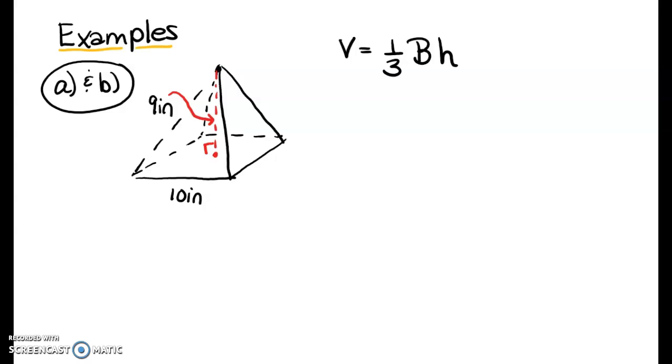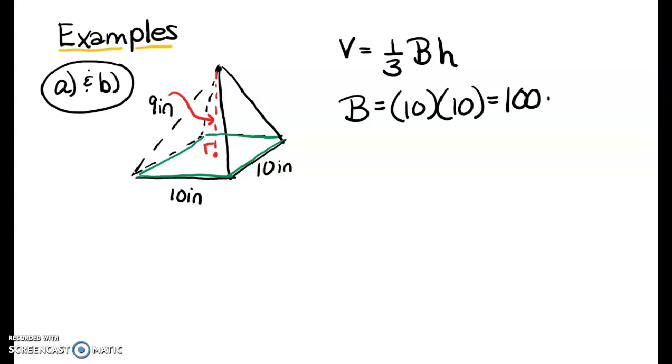So let's outline our base. Our base is the bottom of our pyramid, and it is a square. So both sides are 10 inches. So when I find the base, it is 10 times 10, and that is 100 inches squared.